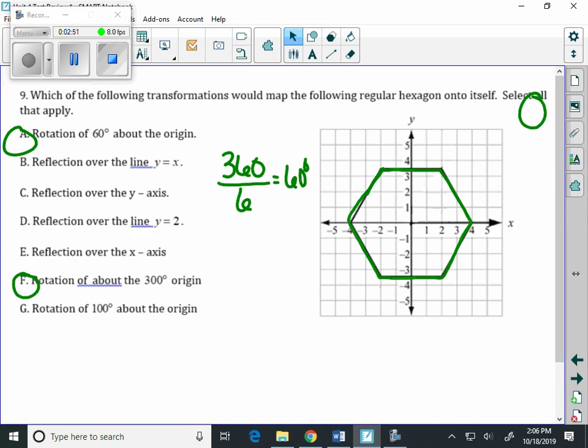Now we need to go back and look at some of the others there. The one thing that I can say is that 60 does not go into 100 evenly, so it's not G. But we need to look at the rest of them to determine. It says reflection over the line y equals x.